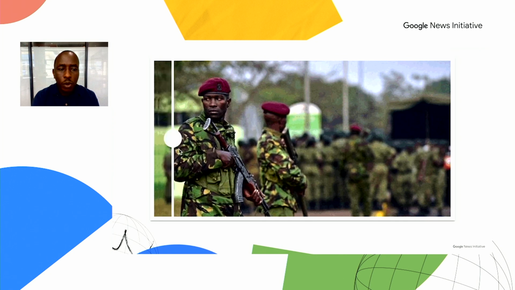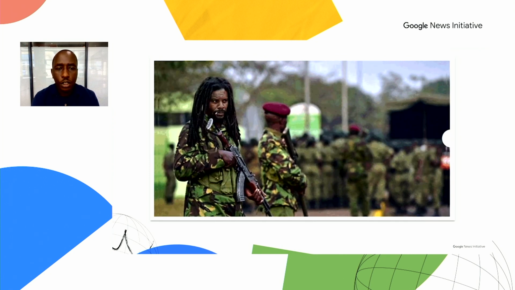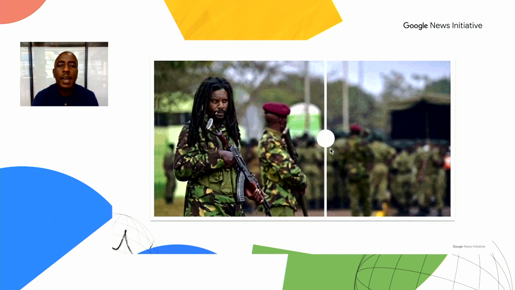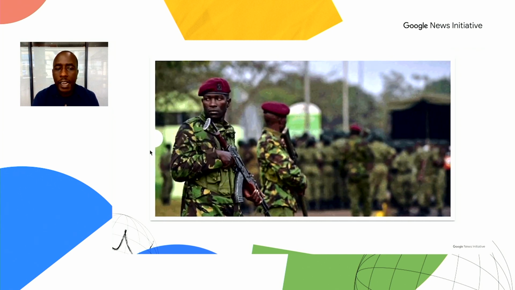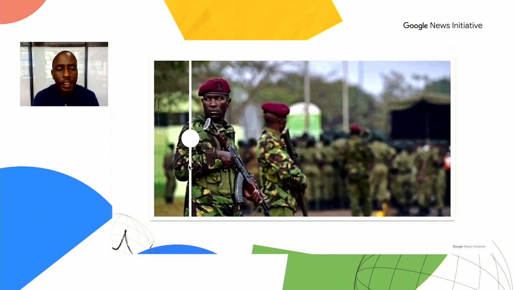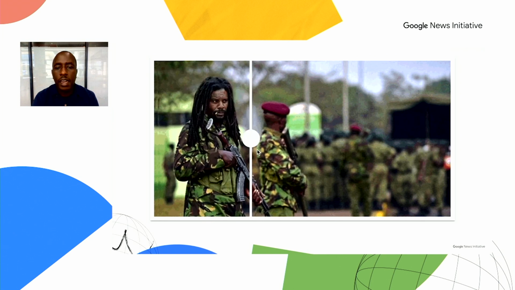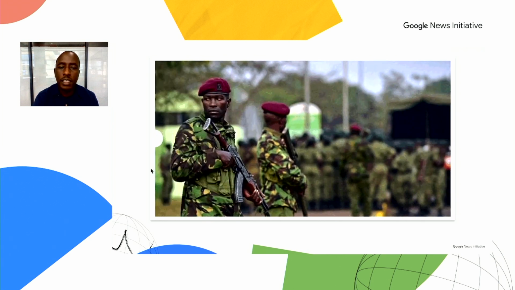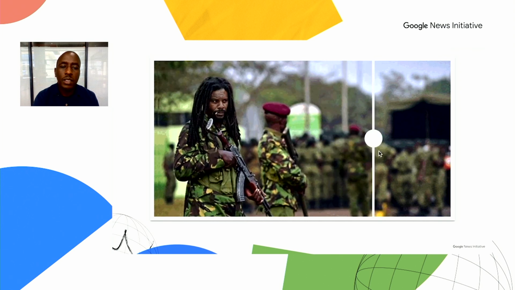This is one of the photos that show a manipulated image, the one with the man with the dreadlocks, spread in the aftermath of a highly contested 2017 election in Kenya. The accompanying captions alleged the government was using an outlawed militia to quell protest by voters in opposition strongholds.